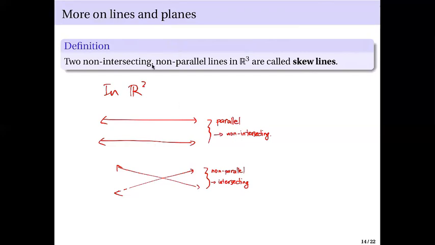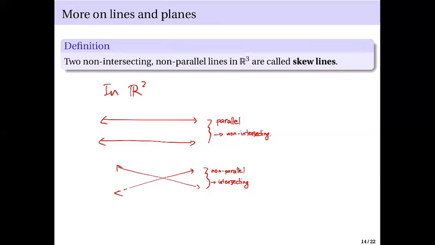In R3, it is possible that lines are not intersecting and also not parallel. For those pairs of lines, we call them skew lines. Think of this as the edges of your box.